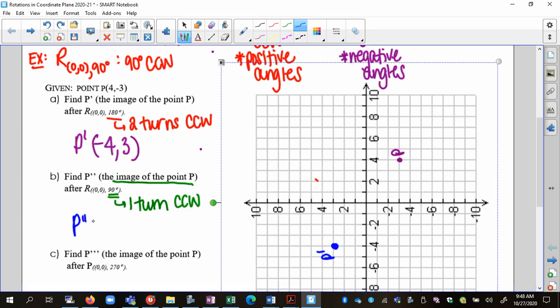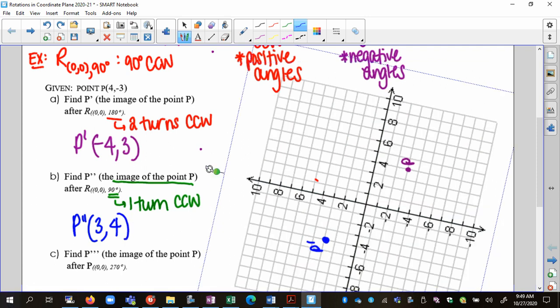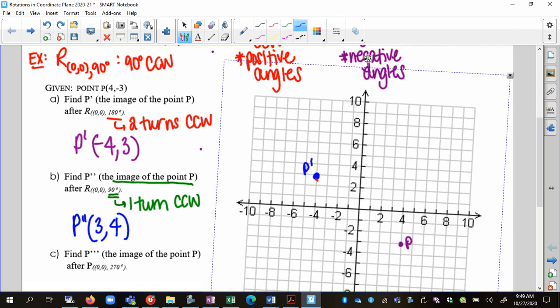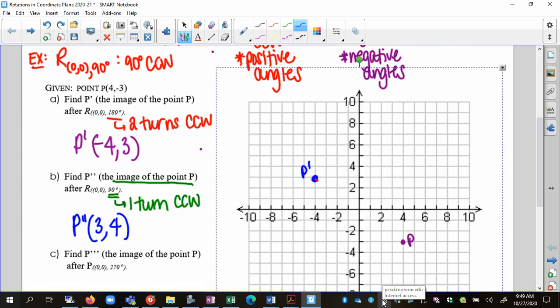P double prime is going to be, it looks like, over 3, 1, 2, 3, and then up 1, 2, 3, 4. So there's my coordinates for P double prime. Rotate our paper back, and now I can plot it. So P double prime is going to be 3, up 4.